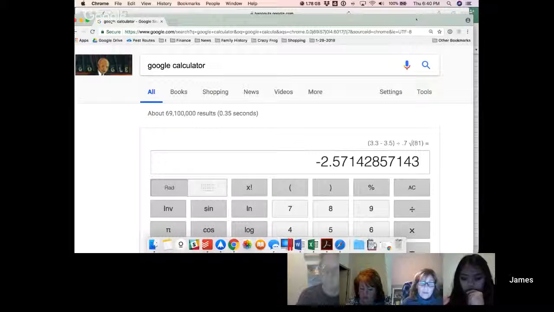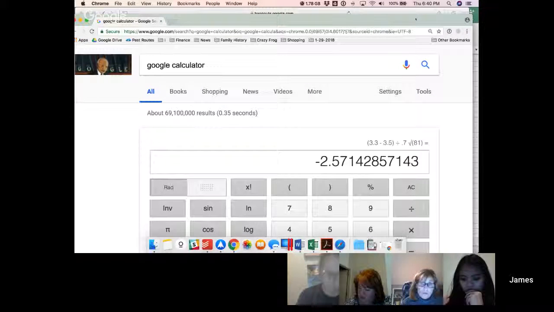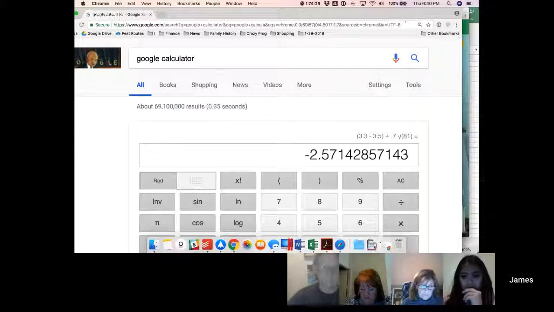Wait, so it's divided by 0.7, and then do you divide it by the square root of 0.81, or just do the square root of 81? I just put it as a square root of 81. I don't know if that's correct, but I always seem to get the right answer. I guess I can try it the other way and see if I get the same answer. Well, I have the same answer. What I've been doing is on the denominator, I've been putting the parentheses on both sides.